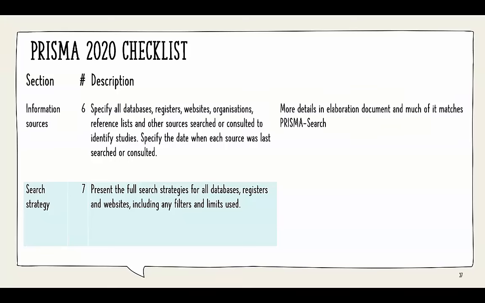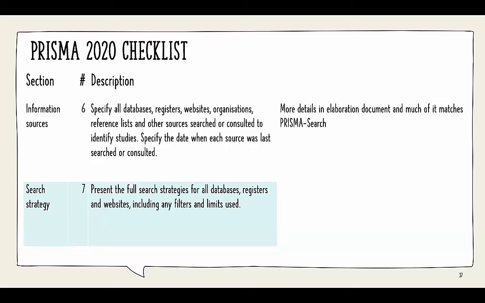It wants to specify the date for each one that it was last searched. And then we'll see a lot more detail in the PRISMA-S search list. And then for the search strategy, it wants to see the full search strategies for all of those things, including filters and limits.